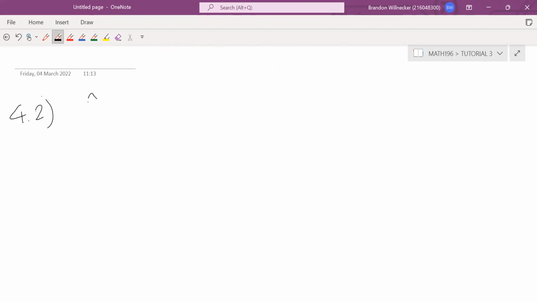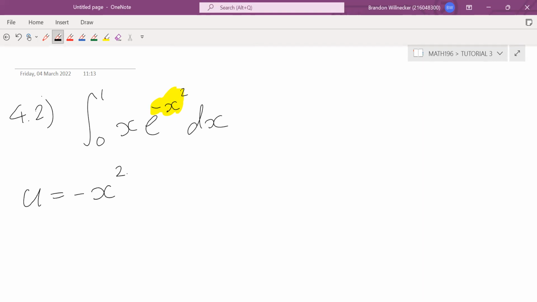So this one is the integral from 0 to 1, x e to the minus x squared dx. Okay, so what's making this complicated? Well, it's this exponent here, e to the minus x squared. So let's say that that is going to be u. So u is equal to minus x squared.